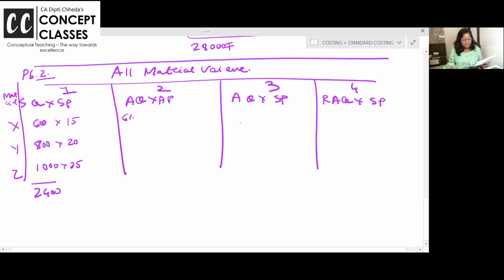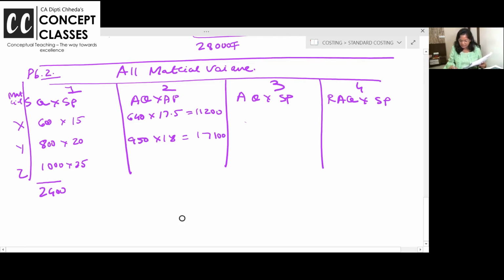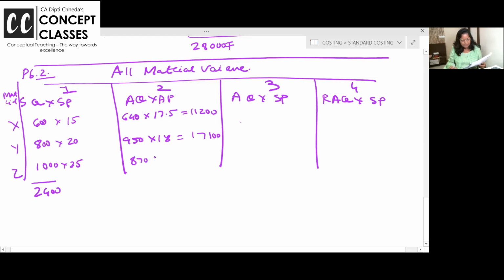Actual quantity is 640 into 17.5, 11,200. 950 into 18, 17,100. 870 into 27.5, 23,925. Are you all getting it?